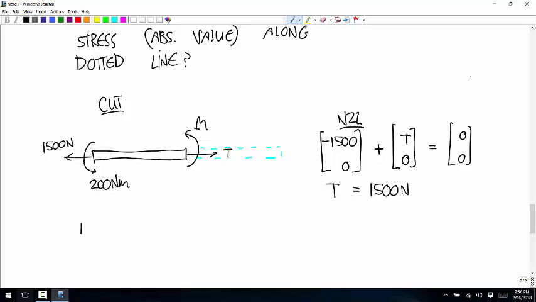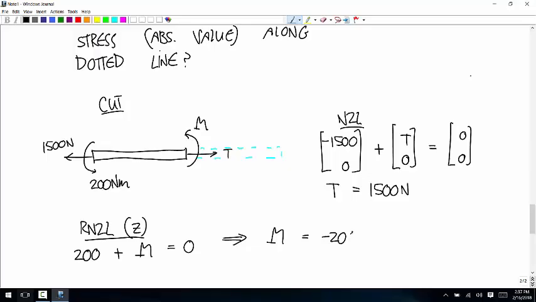And then the moment equation, this is about the z-axis. We have a positive moment of 200, because that's counterclockwise. And then plus M. We would have minus V x, but there's nothing like that happening here. And so we get that the bending moment is negative 200.